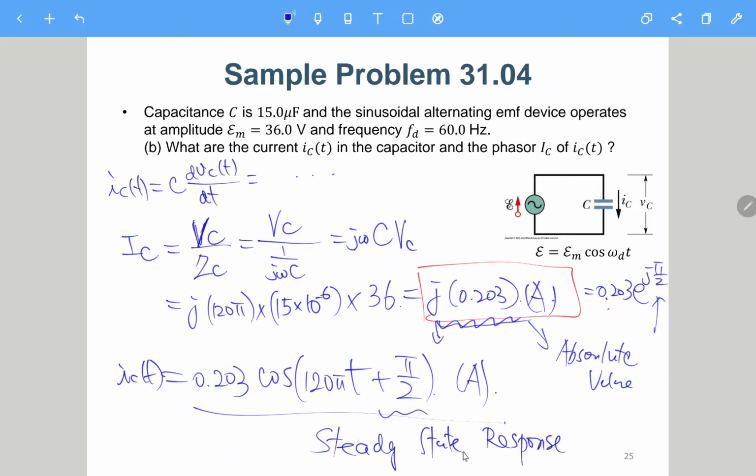But for the steady state response, we just ignore the homogeneous solution, because if the circuit is stable, then the homogeneous solution will tend to 0 when t is large enough. So for the steady state response, we only consider the sinusoidal component, because if you have a sinusoidal input to the linear circuit, then the output will also be sinusoidal with the same frequency. The amplitude and the phase may be different, but at least the frequency will remain the same.